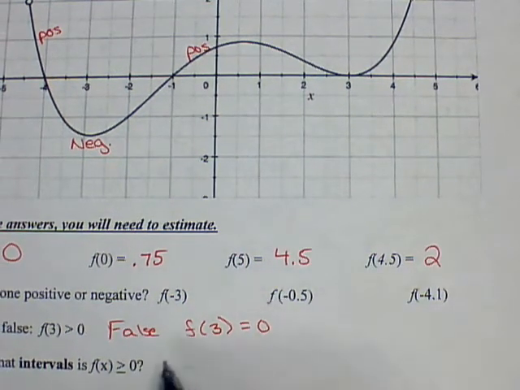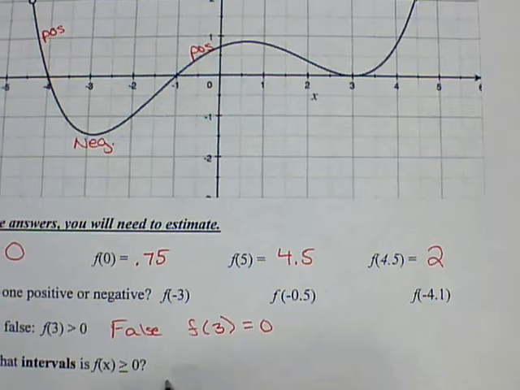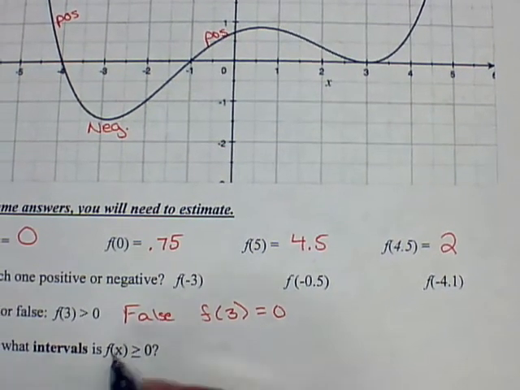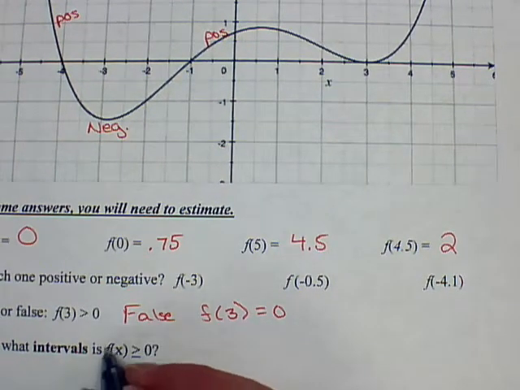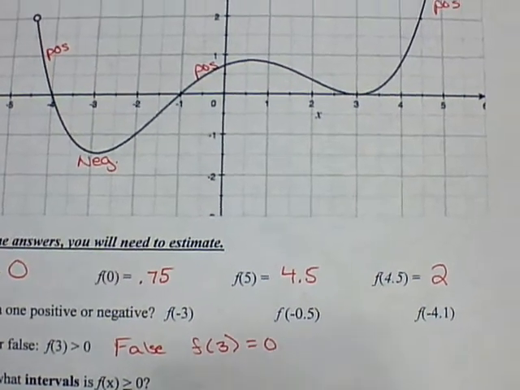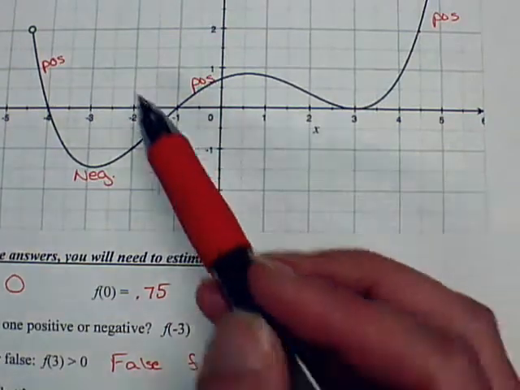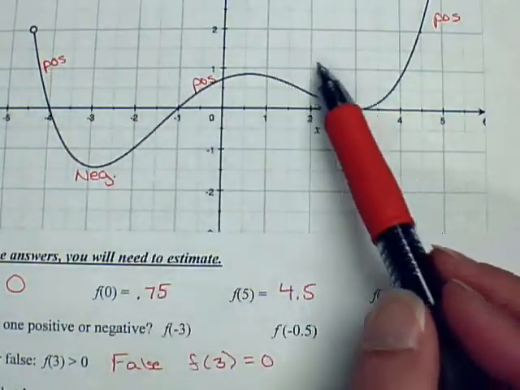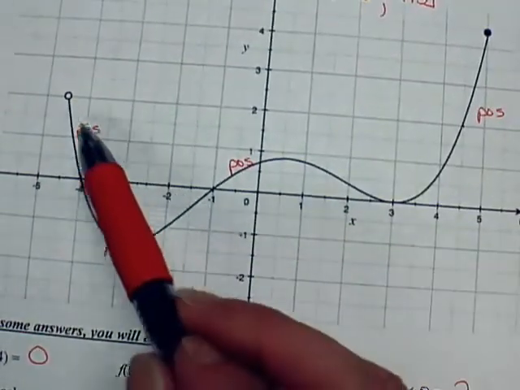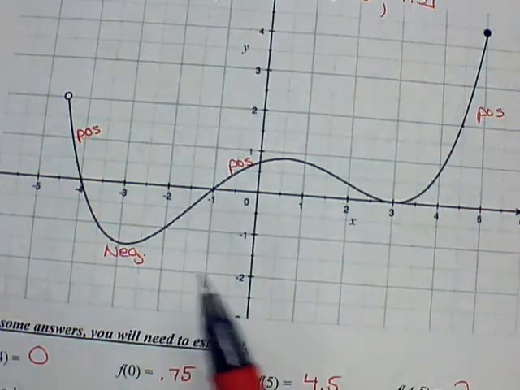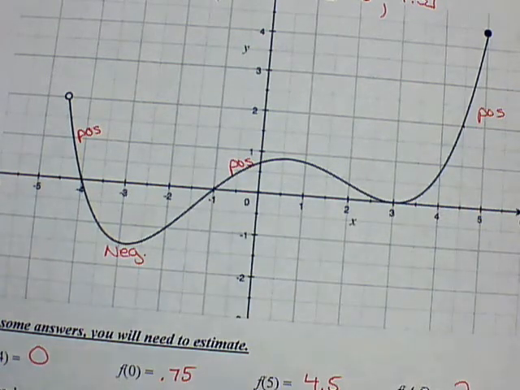So now let's look at this. Over what intervals is f of x greater than or equal to 0? So it's asking really what x values make my y's greater than or equal to 0. It's talking about the pieces that are above the x-axis. So one way you can do this is maybe mark it on your x-axis.